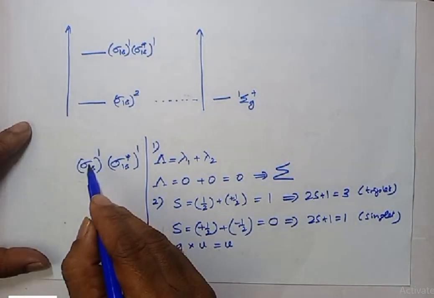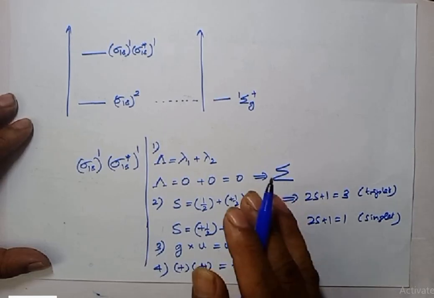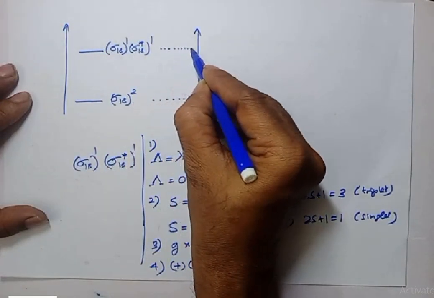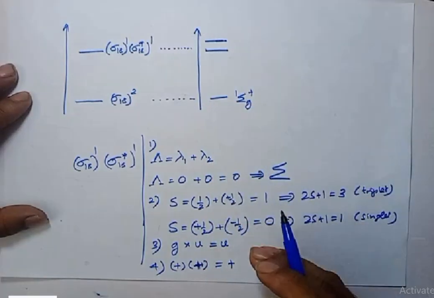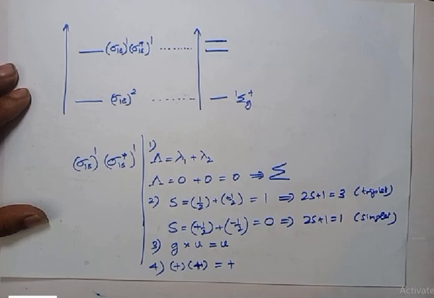So the electron in sigma is symmetric, and the electron in sigma star is also symmetric. I just put plus. Plus times plus is plus again. Therefore, for this configuration, we get two electronic states. One is triplet, the other one is singlet.